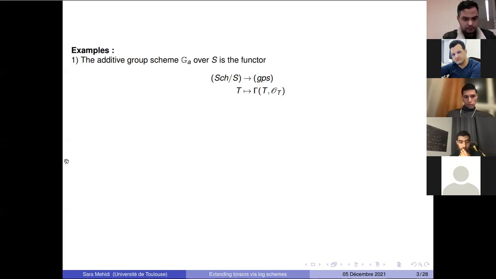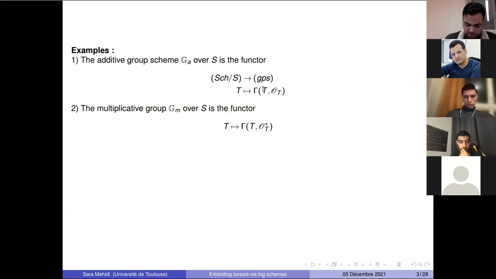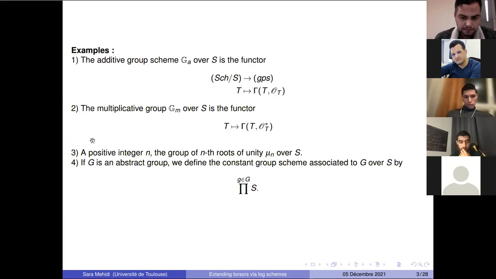To give examples, I have the additive group scheme. This is the group functor which goes from the category of schemes over S to the category of groups, and associates to an S-scheme T the global sections over T. We have the multiplicative group scheme G_m over S, which is the functor which associates to an S-scheme T the invertible global sections over T. We also have the group of nth roots of unity, which is a subgroup of this one, and the T-points of this group scheme are the invertible global sections whose order divides n.